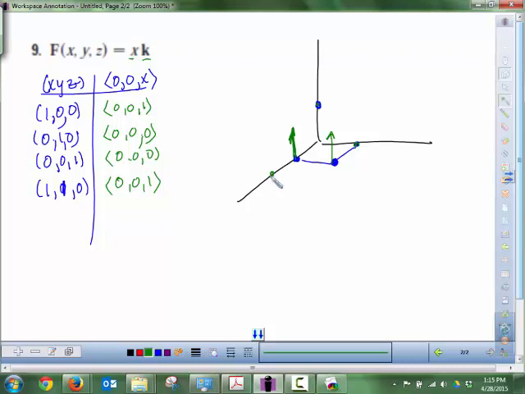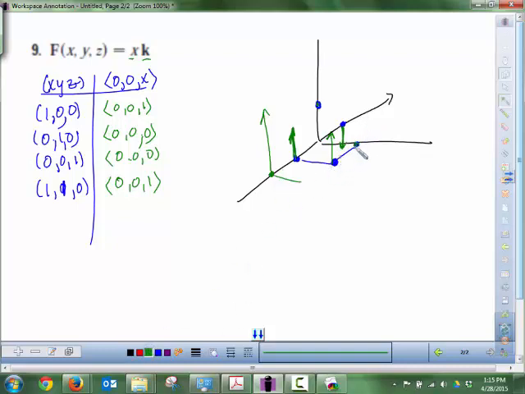So if I go further out into x, what's going to happen? If x is equal to 2, I will have 0, 0, 2. I'll have longer vectors. If I go in the opposite direction, negative x back here, what's going to happen to these vectors? They'll be pointing down because the x's would be negative.